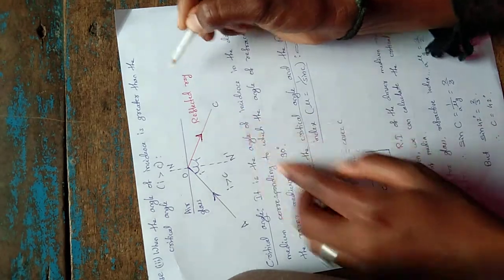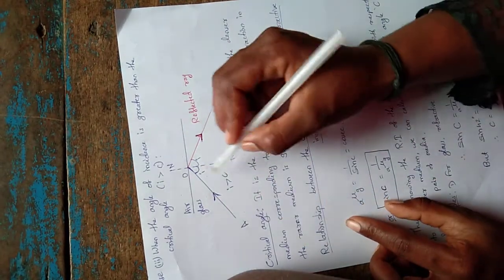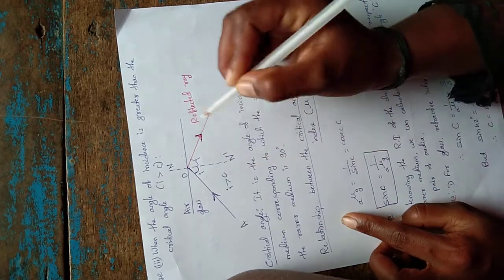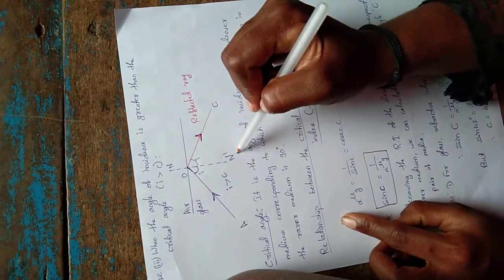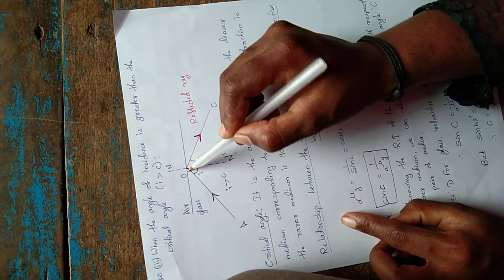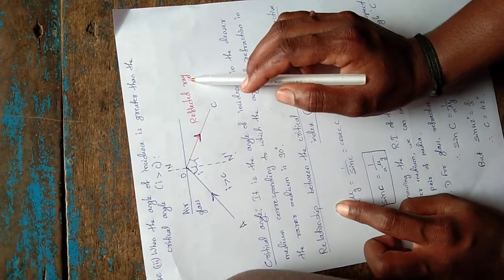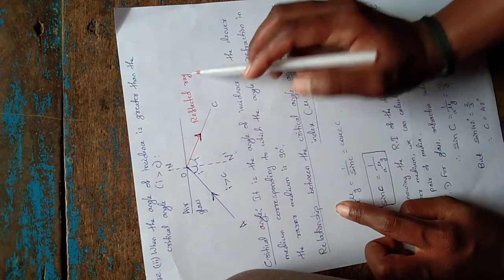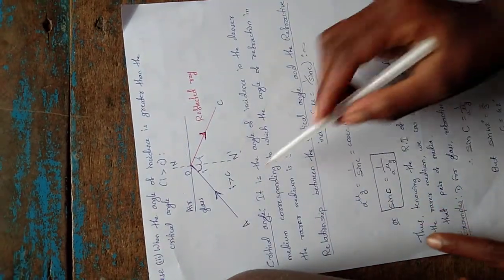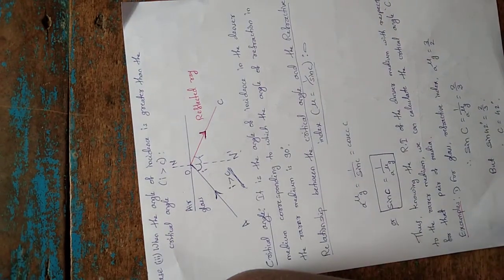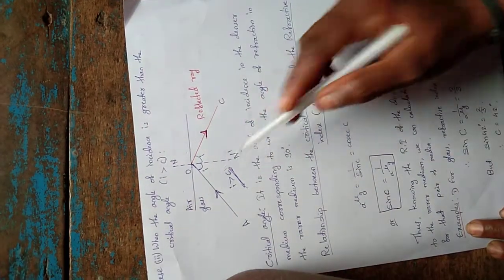N dash is the normal, AO is the incident ray, OC is the reflected ray. In this condition, the angle of incidence is greater than the critical angle.